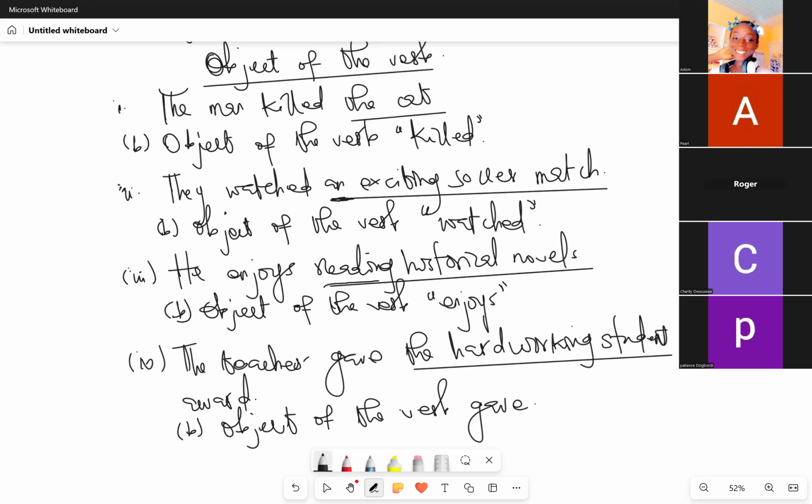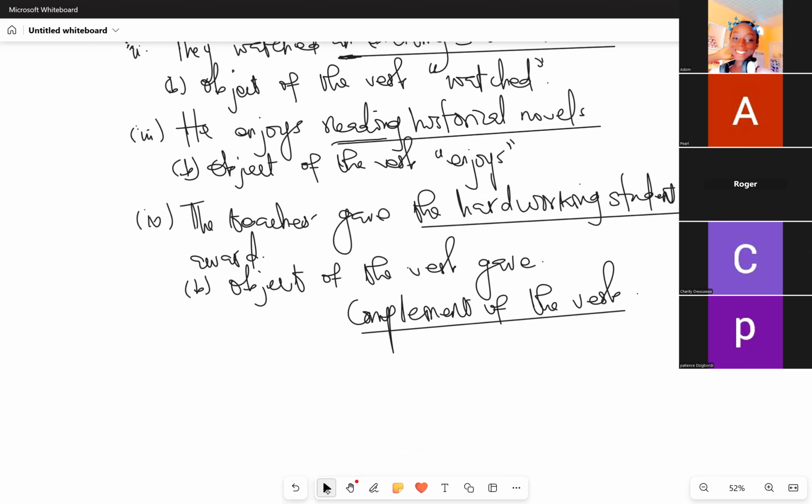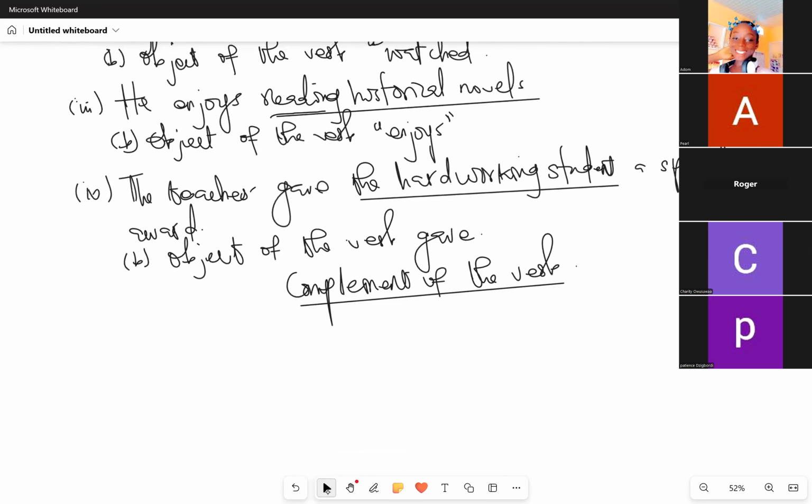So let's go to complement of the verb. All right, so let's look at this example. Now, I want us to look at these two before, for you to have a better understanding of this.